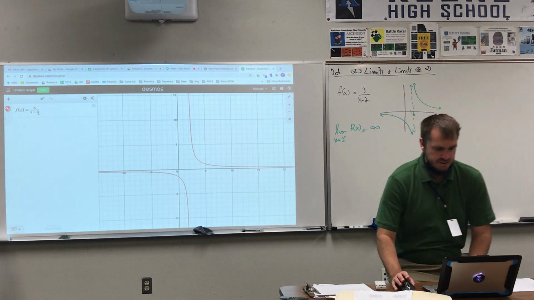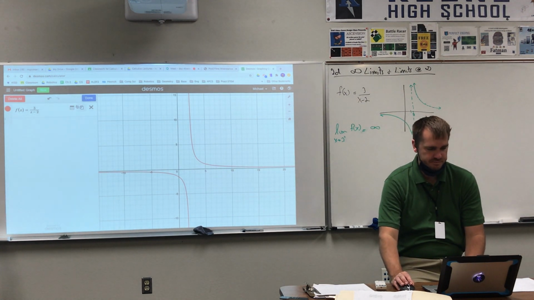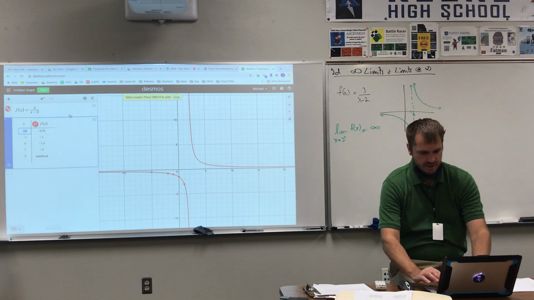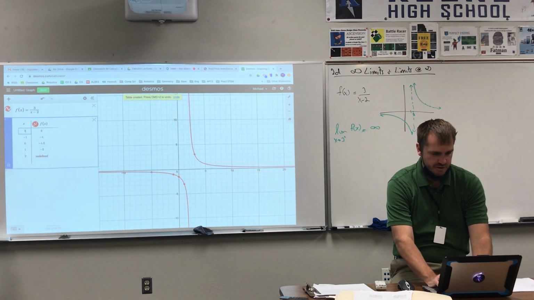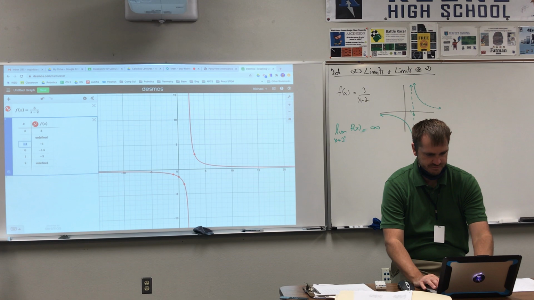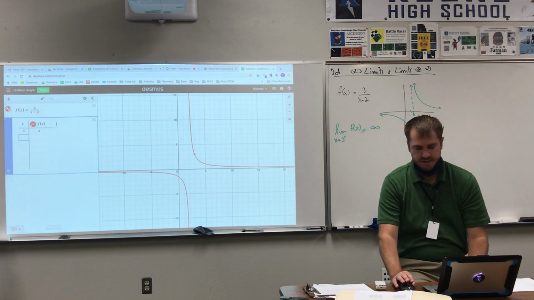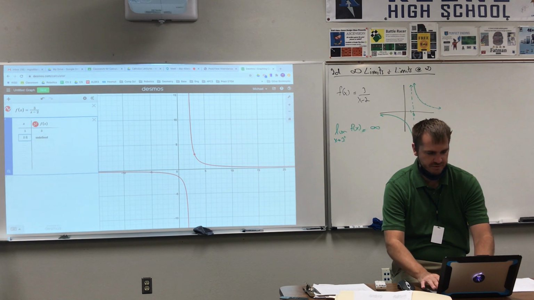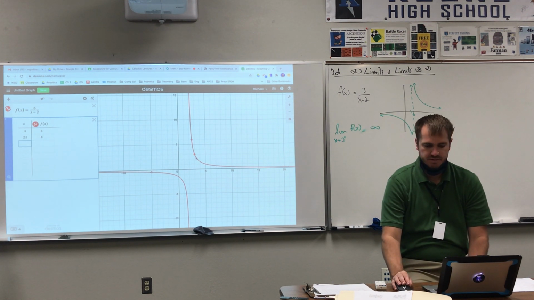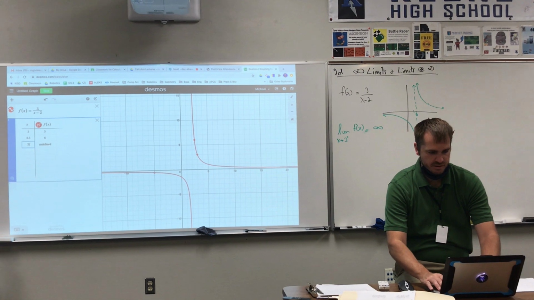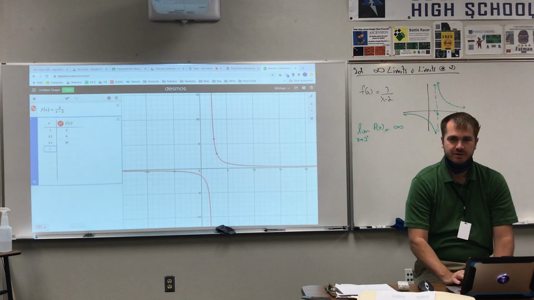Let's go ahead and turn that into a table. I want to see what happens as we get closer to 2. So at 3, the y value is 3. At 2.5, the y value is 6. 2.1, look at that y value.